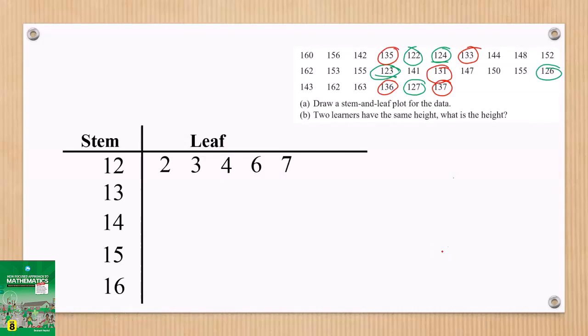So the least among these will be, we have 133, 131. So we can start with 1. So 1, then followed by 3, followed by 5, then we have 6, and I think we have 7. Okay, so we are done with that.